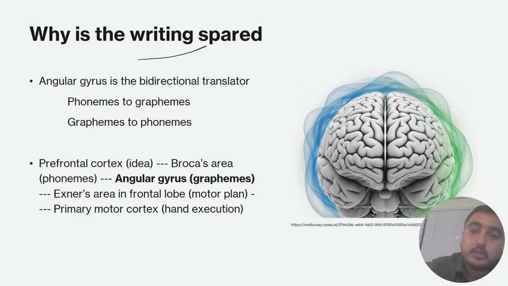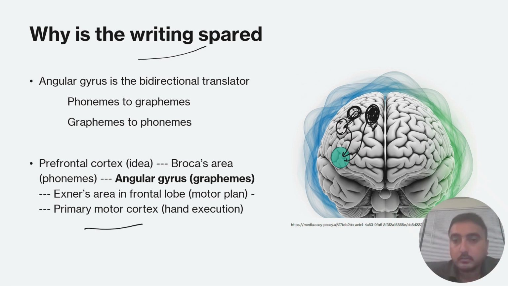For the writing, we basically require a different pathway. Like we form a word in the prefrontal cortex, then Broca's area will transform this word into a phoneme, then it will come to the angular gyrus, and then it would go to an area called Exner's area in the frontal cortex, and then it would communicate with the motor cortex to coordinate the hand movements to write the word.